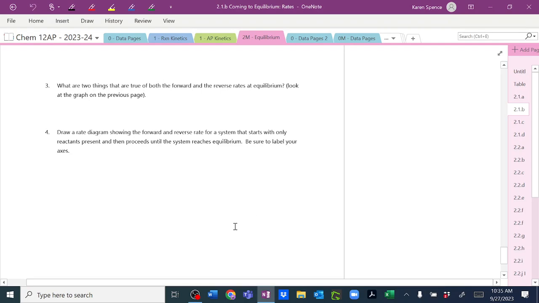Generally, whatever you put in at the beginning is your reactant, but it's almost arbitrary.